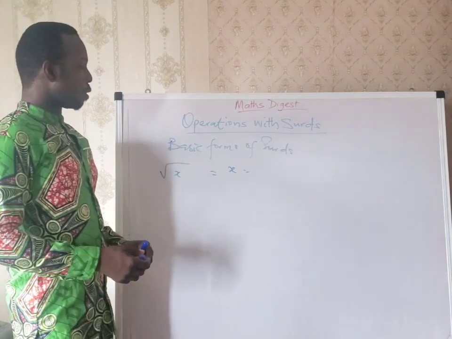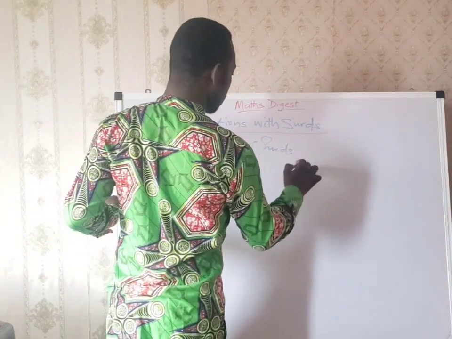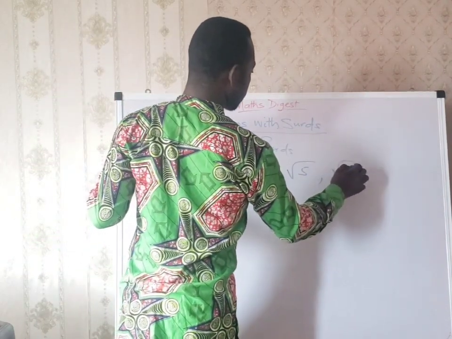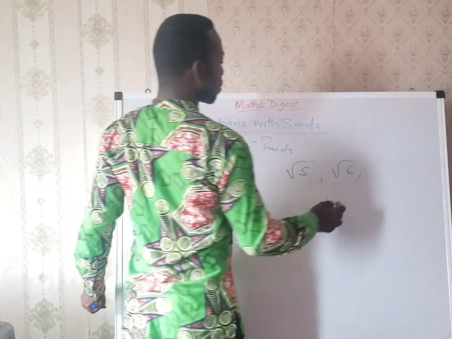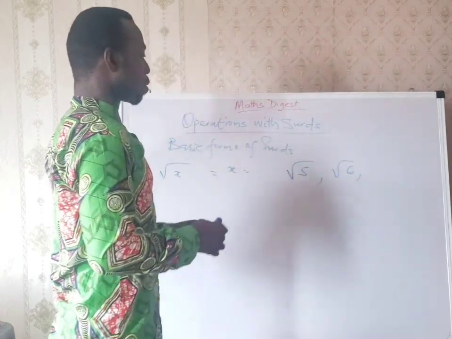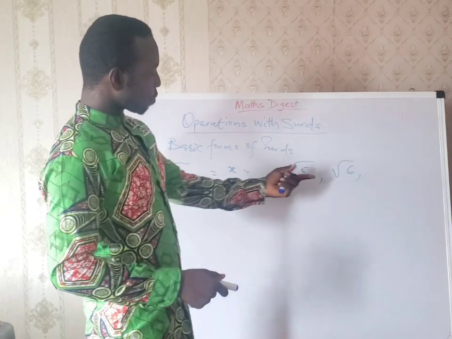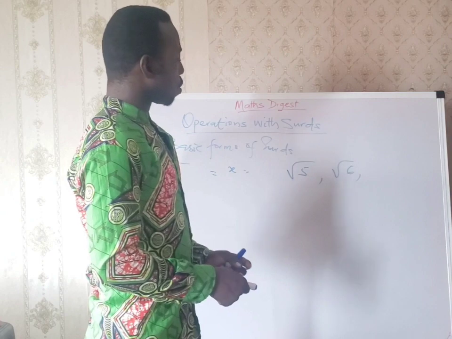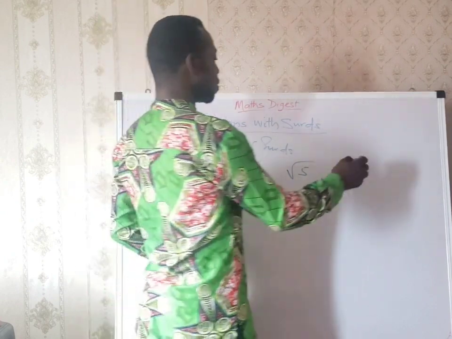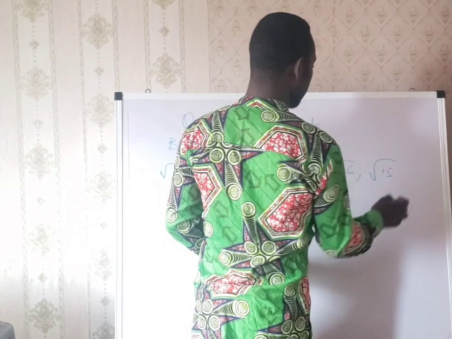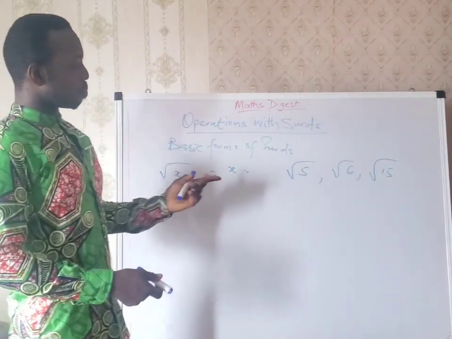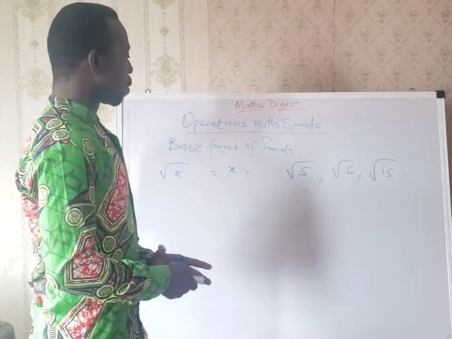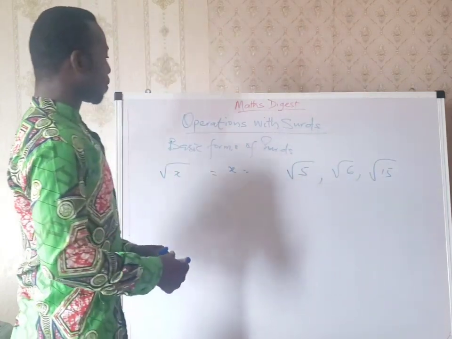Something like root 5 is in its basic form, root 6 is in its basic form, because 6 has factors 3 and 2 apart from itself and 1, and none of them is a perfect square. Even root 15 has factors 3 and 5, but none is a perfect square. So as they are like this, they are in their basic forms.